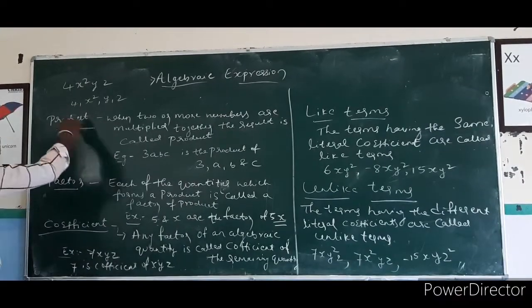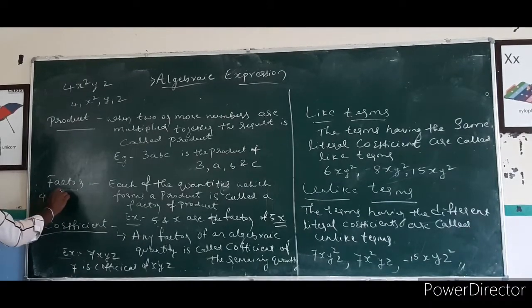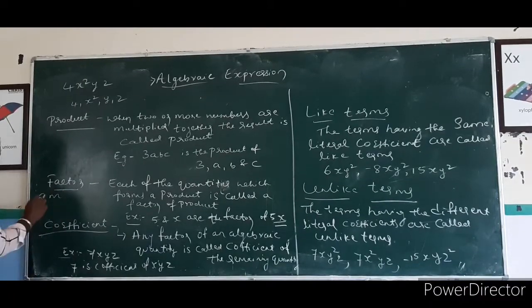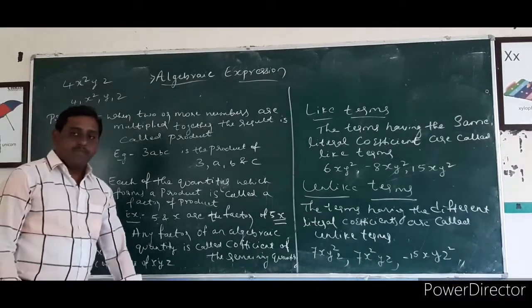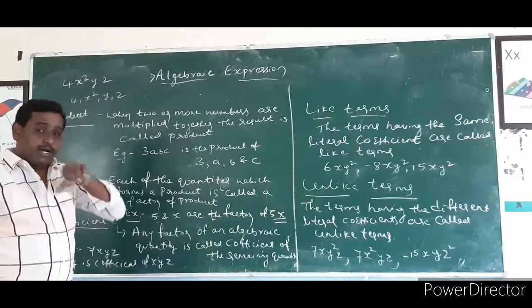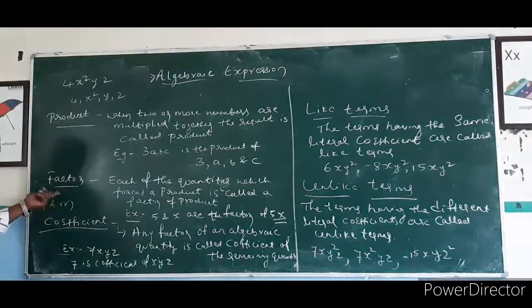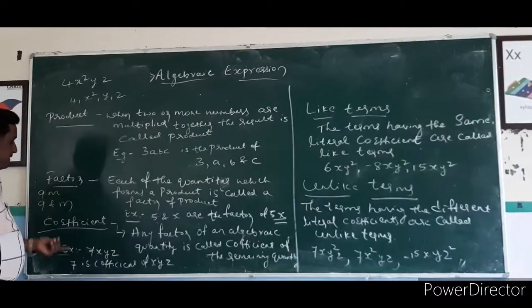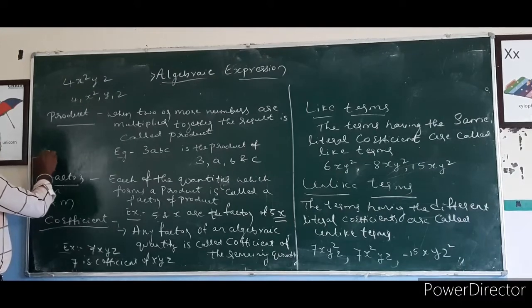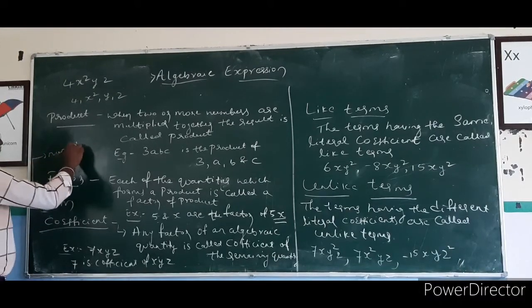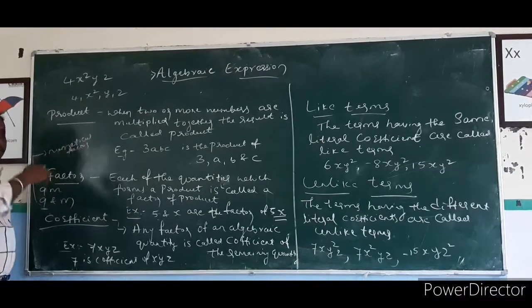In this example only, suppose next I am taking 9m square. 9m means 9 and m. We can consider them separately as the product of the given algebraic expression. So this 9 is called the numerical factor, the number factor.